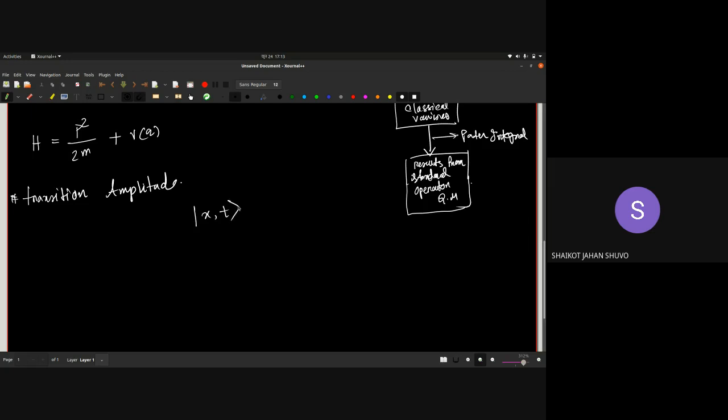This is an abstract state of some particle, and after some time, let's say it goes into a state like this, x prime t prime. The transition amplitude is given by the inner product of these two states.